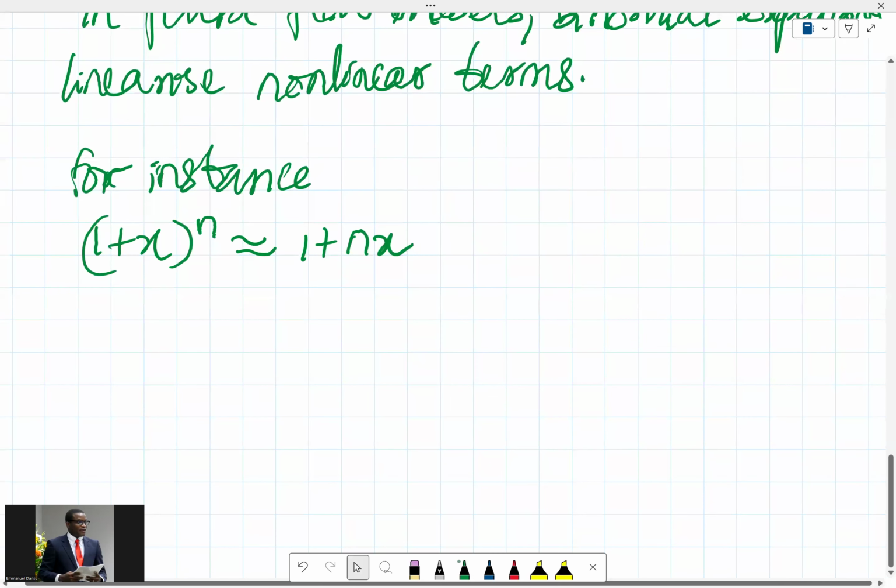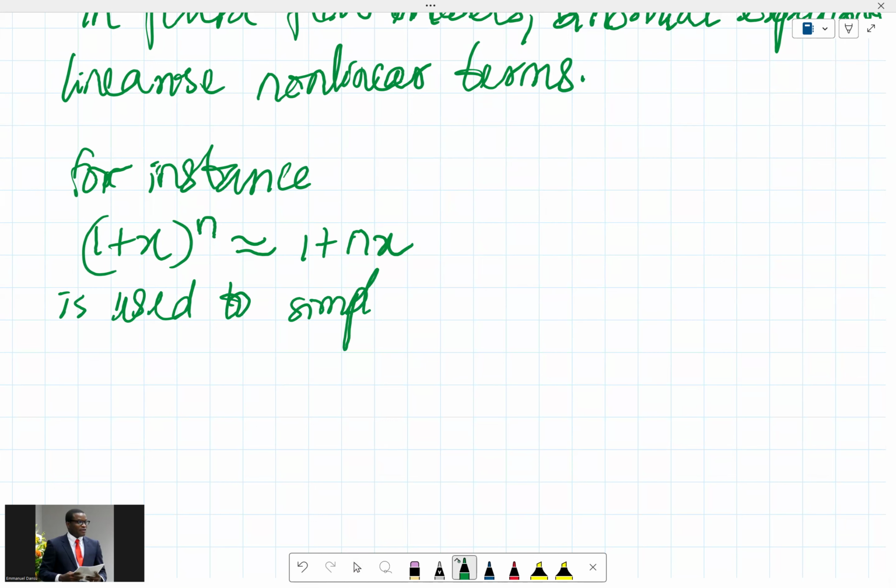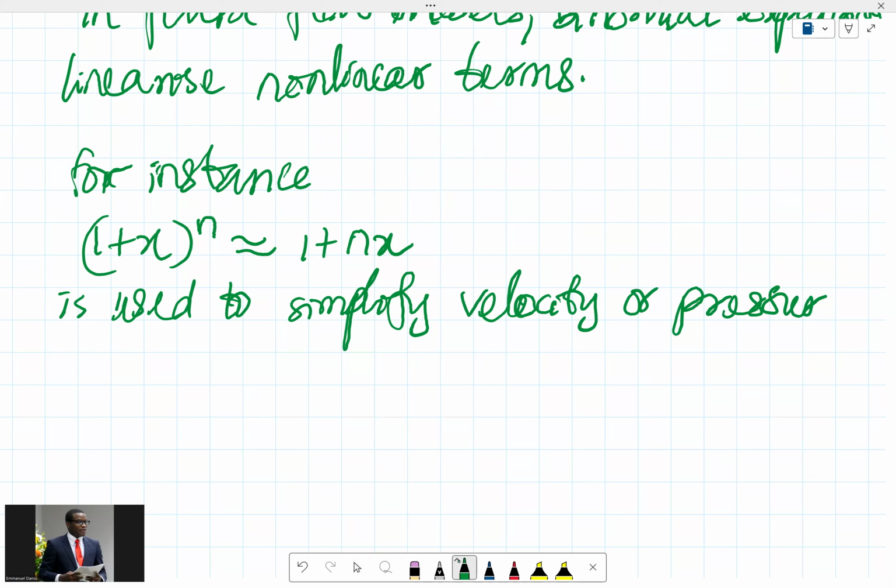This is used to simplify velocity or pressure field equations.